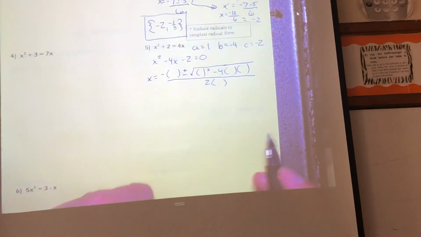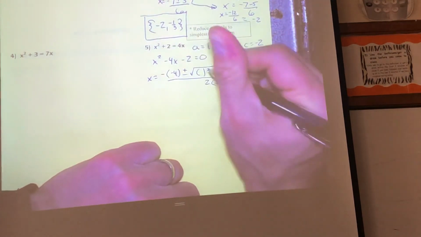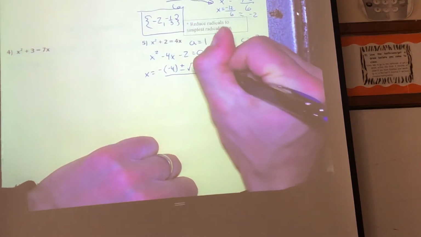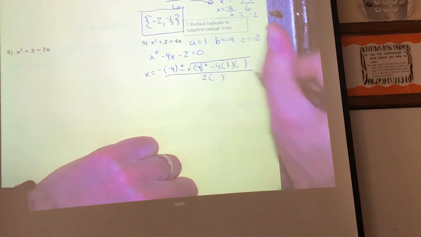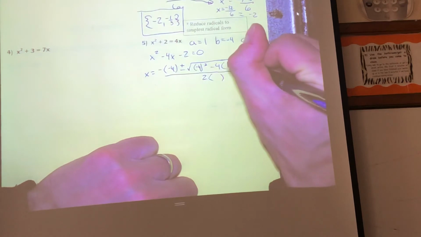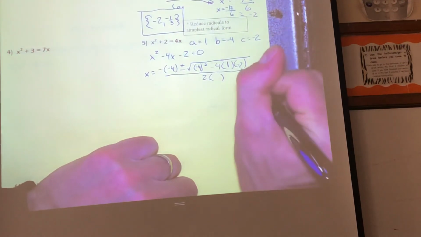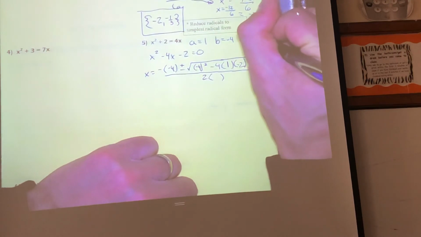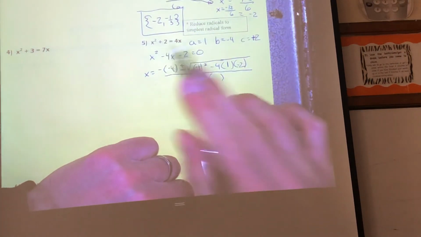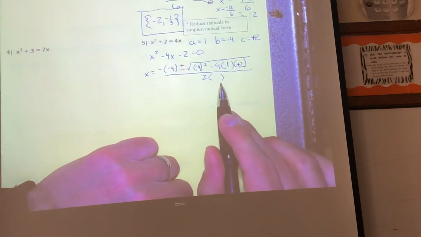All right, so we plug in now. And I did make one mistake here. This c should be positive. All over 2a.